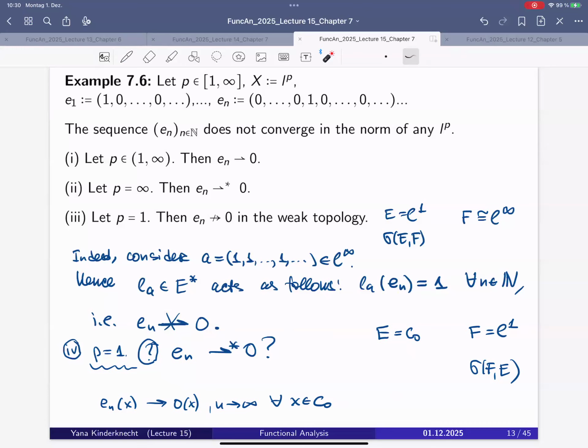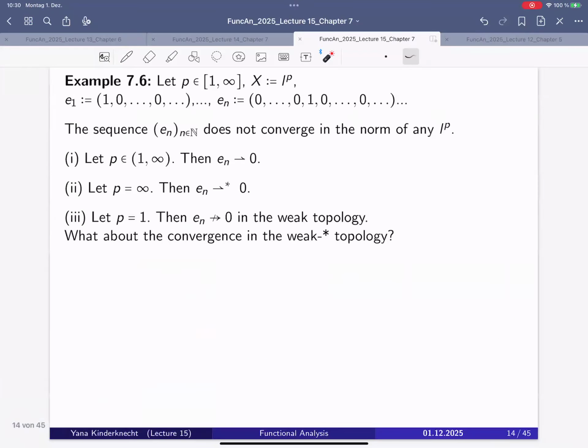So we have even three topologies. The strongest is the topology generated by the norm. The weakest among all three is the weak star topology. Okay.